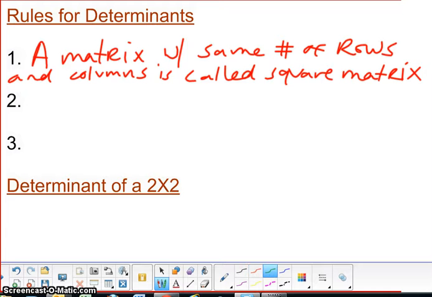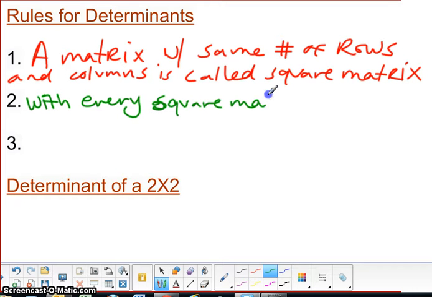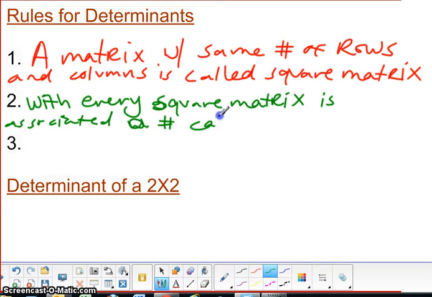Secondly, with every square matrix is associated a number called its determinant.